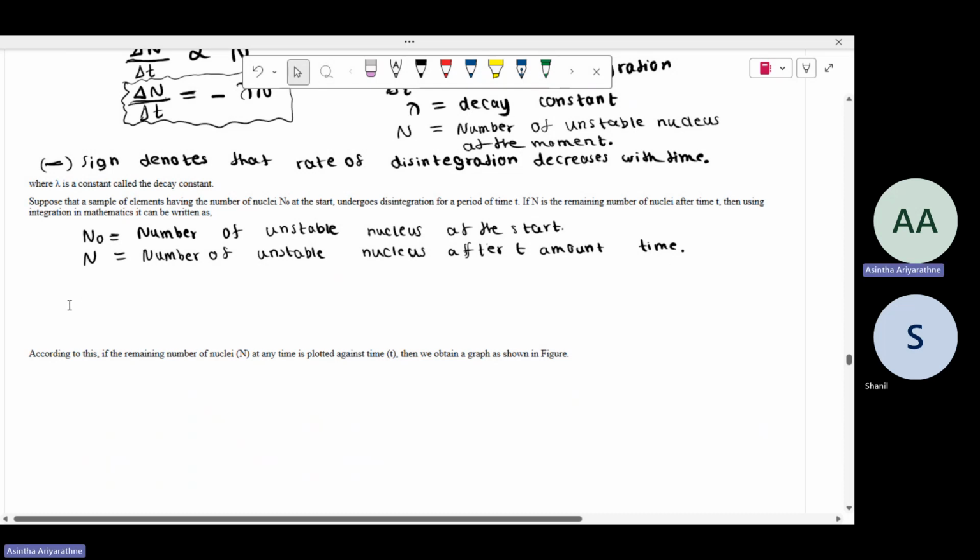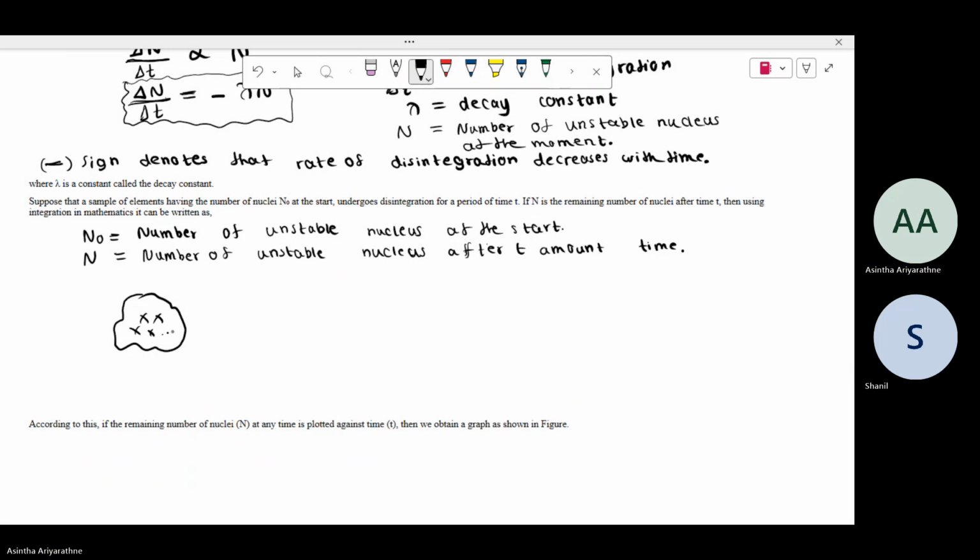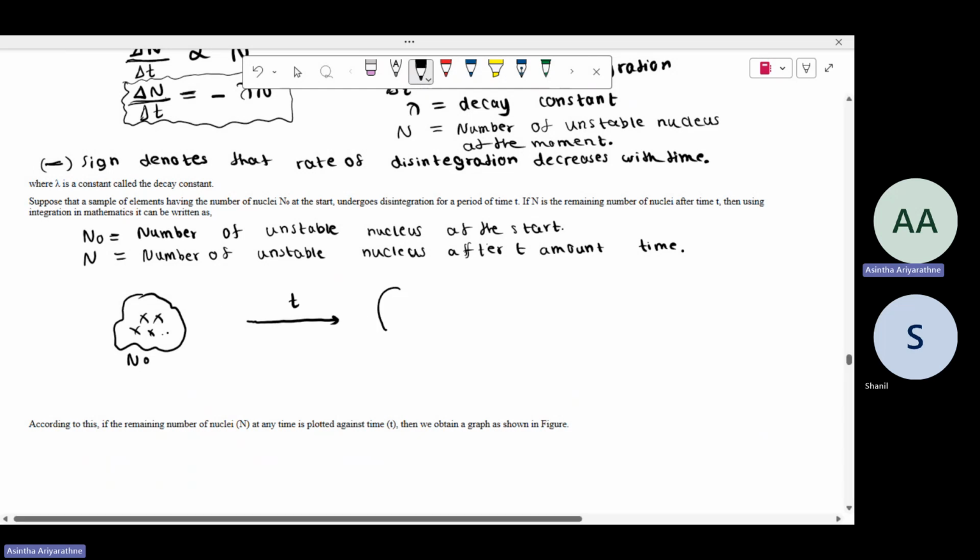Basically, we have a sample having N naught unstable nucleus. After keeping it for t amount of time, disintegration would happen.